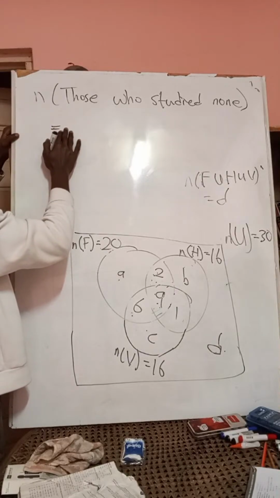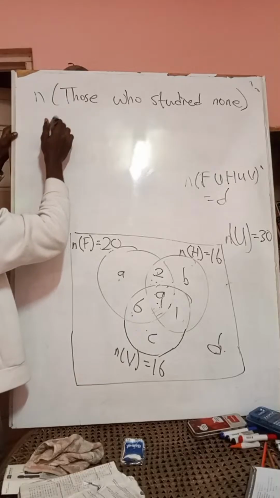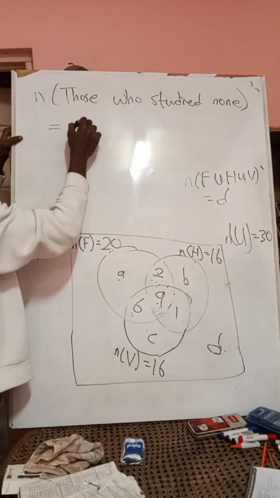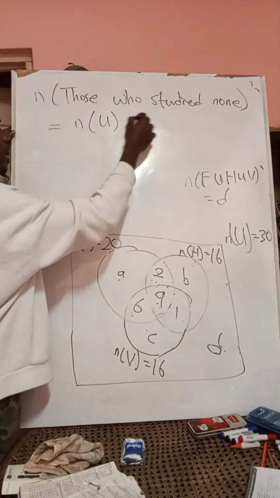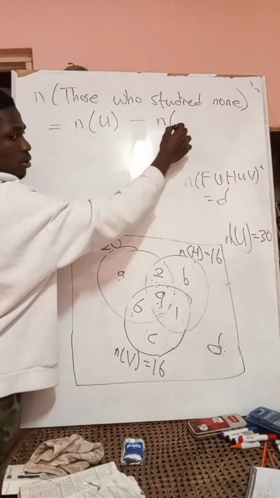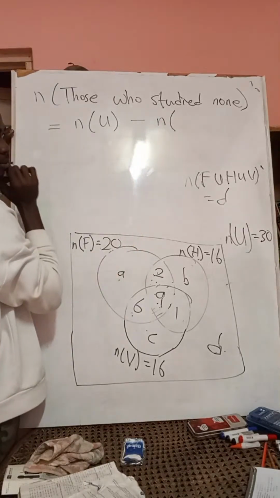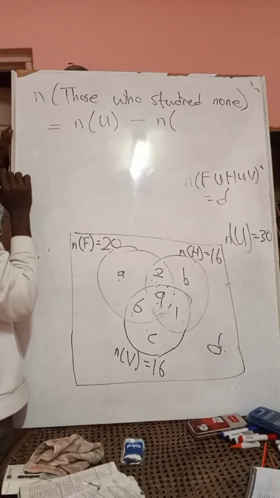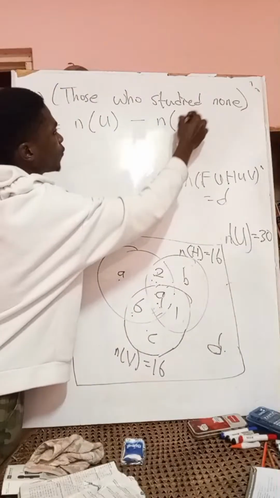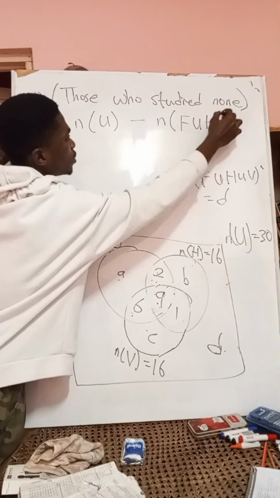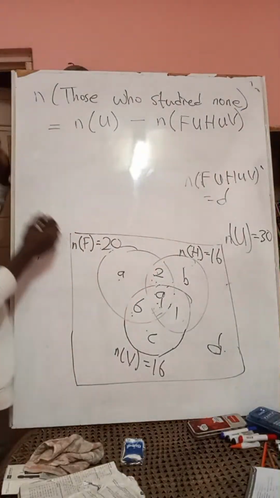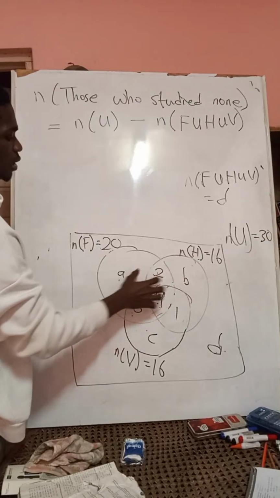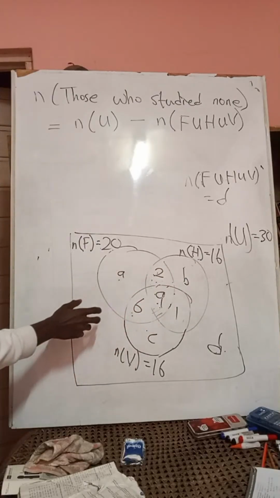So number of those who studied none will be equal to number of U minus the number of the one that is written there, that is F union H union V. So it will be number of U minus all of this one here.